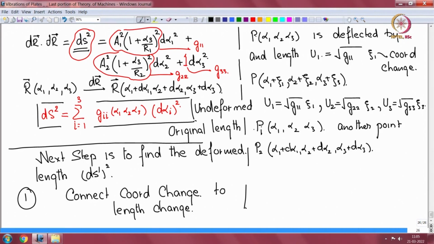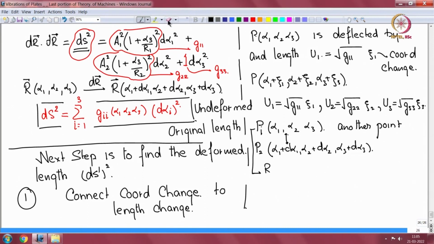Okay. So this element, the distance between the two, undergoes, let's say, a rigid body motion first.